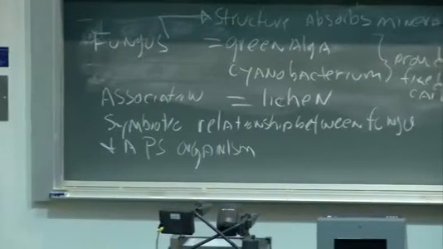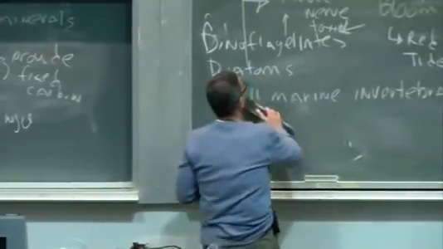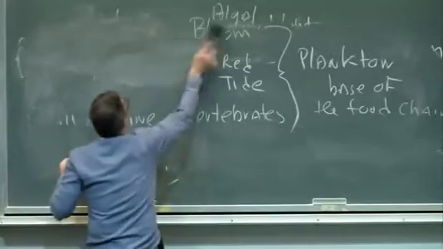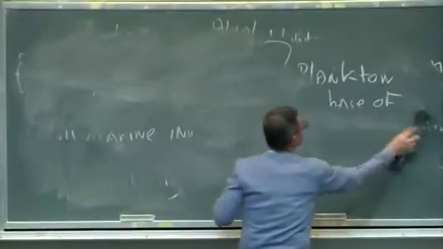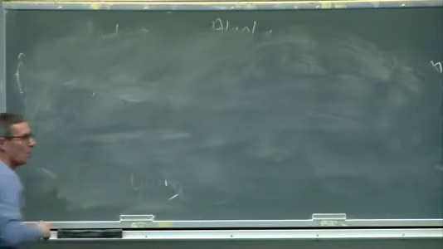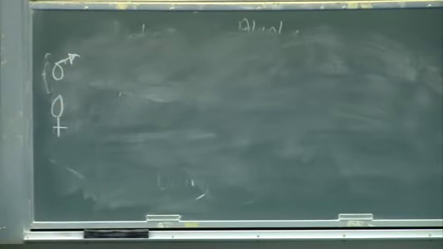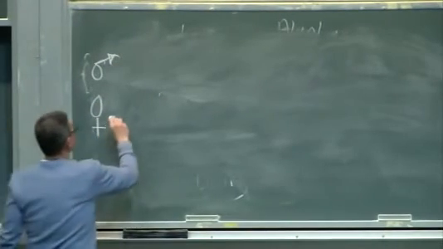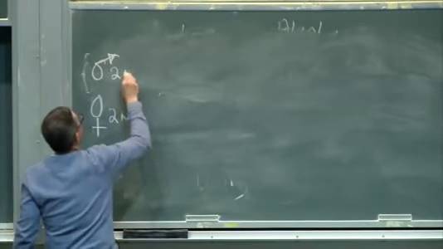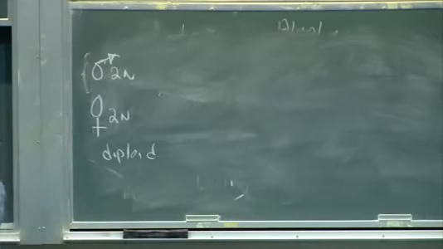Let's begin, in order to appreciate this life cycle, let's begin with our life cycle. So our life cycle consists of two sexes, a male and a female. And each of these individuals is diploid, 2N. That is diploid. Again, if you're unfamiliar with this term, look it up in the textbook so that you're familiar with it.